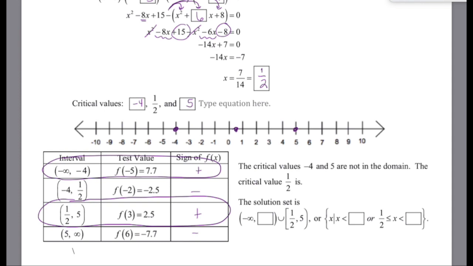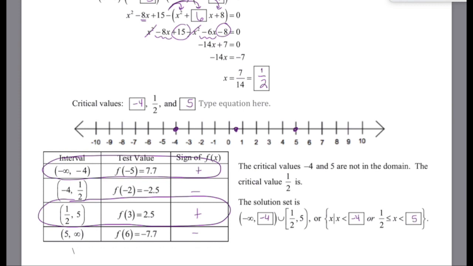The intervals then with which we are going to worry about are between negative infinity and negative 4, between half and 5, or x such that x is less than negative 4, or x is in between half and 5.